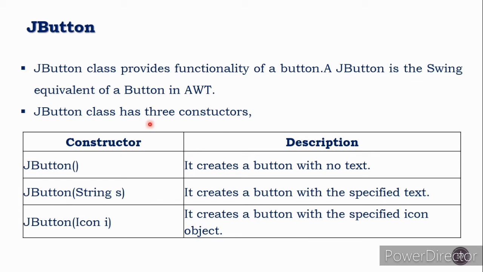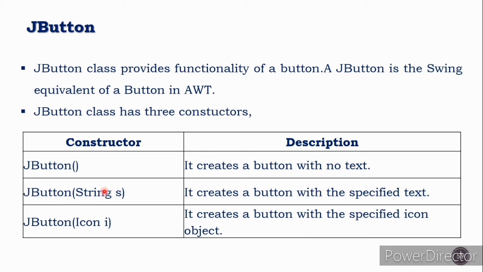Next we will see these 3 constructors of the JButton class. The first constructor is JButton with empty arguments. It creates a button with no text. JButton(String s) creates a button with a specified string name.